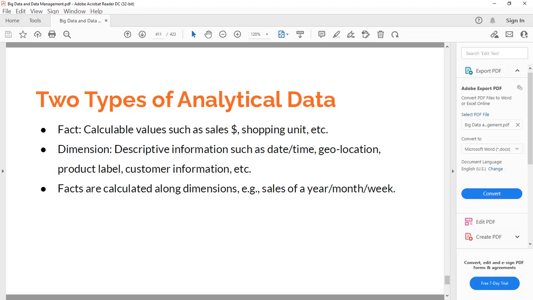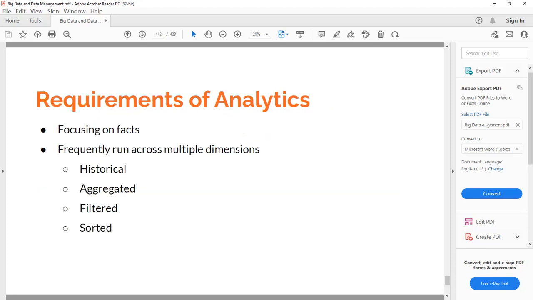So from all this introduction, we can see that there are facts and there are dimensions. Facts are calculated along dimensions, like sales of a year, sales of a month, sales of a city. So when you do any kind of analysis, you always focus on fact.